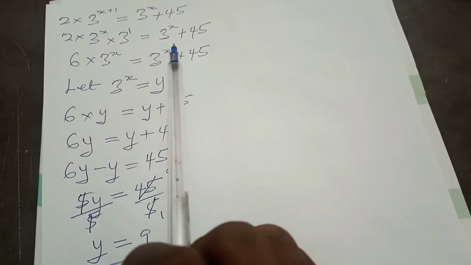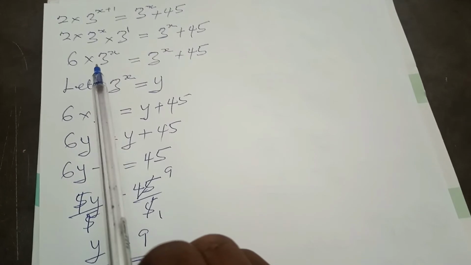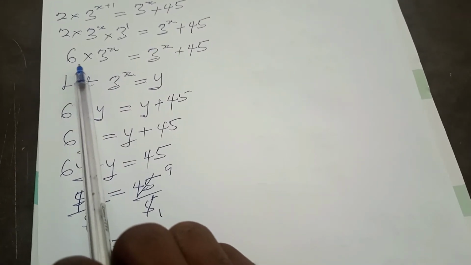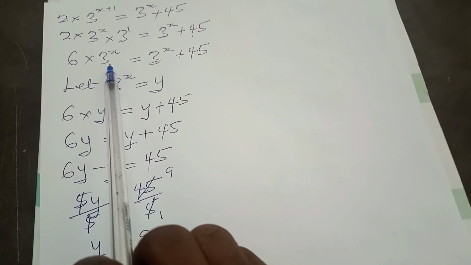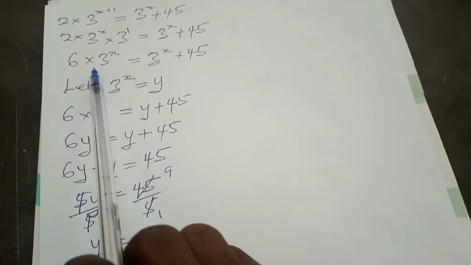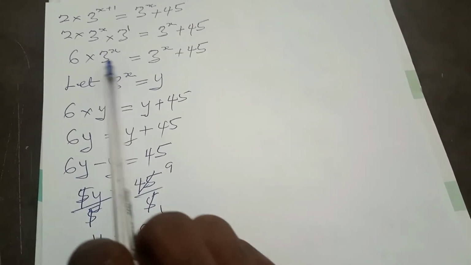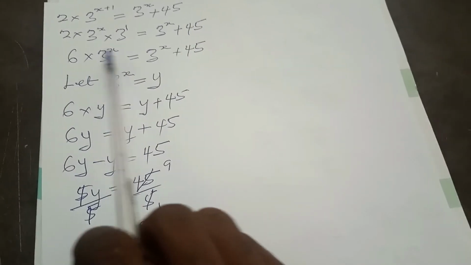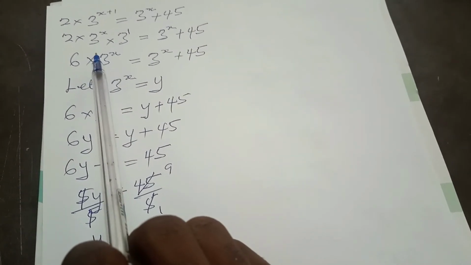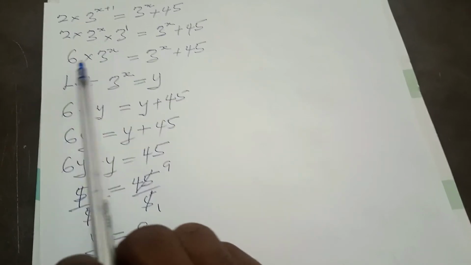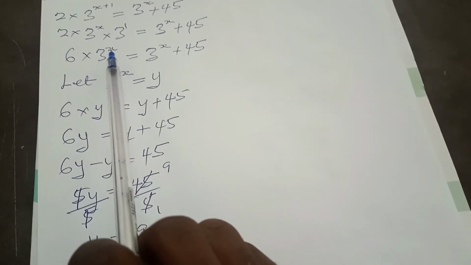That will be difficult, because experience has shown that some students try to multiply the 6 by the 3, which is not possible because we cannot multiply the bases and leave the exponent hanging. The right thing is to express this one as a whole number first, which is not possible because we don't know the value of x.